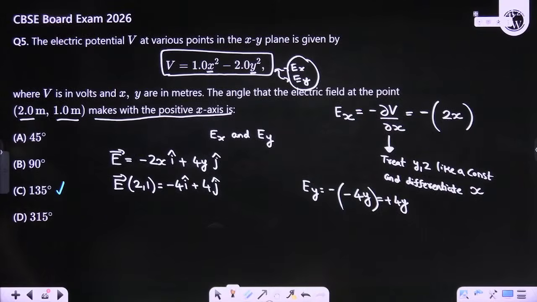All right. Okay, Anil, you have a question. A is minus 10 volt, B is plus 20 volt.